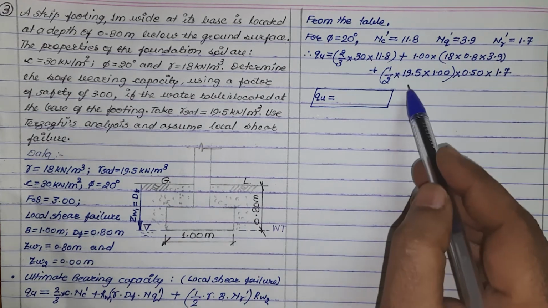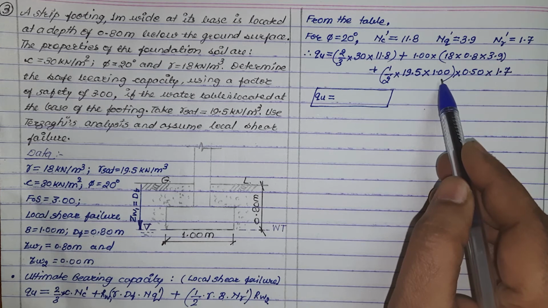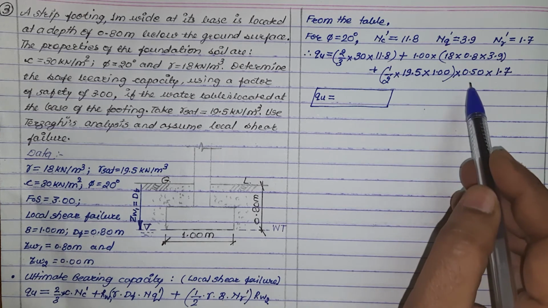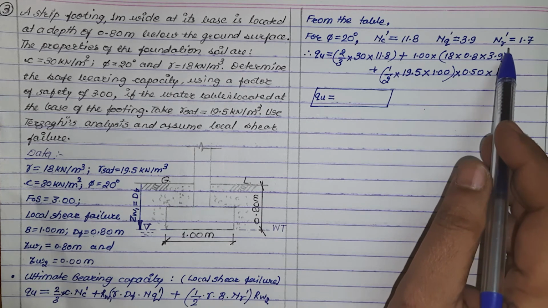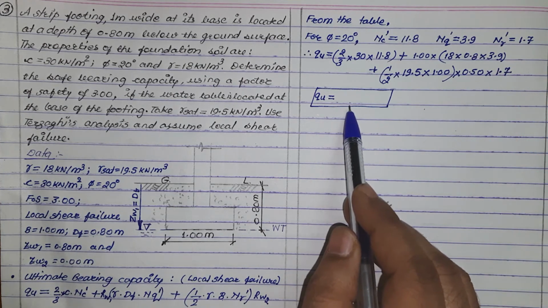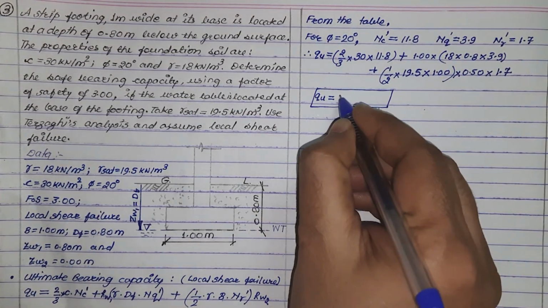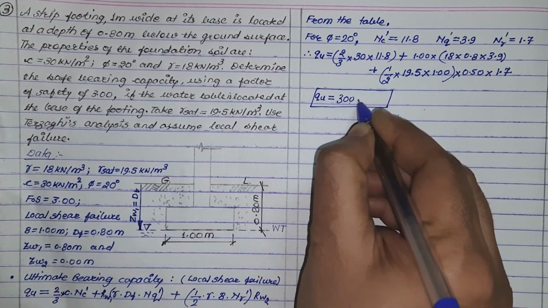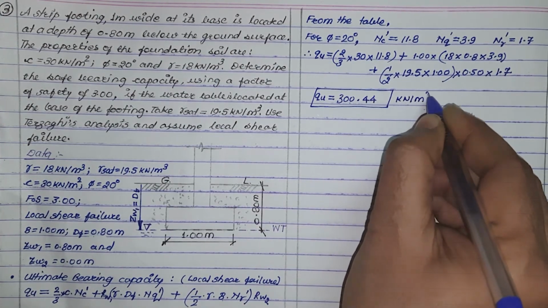Gamma is going to be 19.5, B width of footing is 1, 0.5 is the reduction factor which we have recently found out, and 1.7 is N gamma dash. Solving this, we will be getting ultimate bearing capacity of the soil. Thus Qu comes out to be 300.44 kilonewton per meter square.